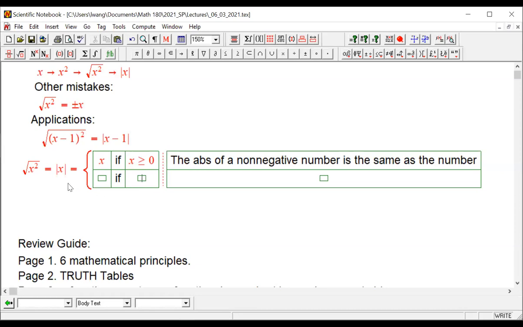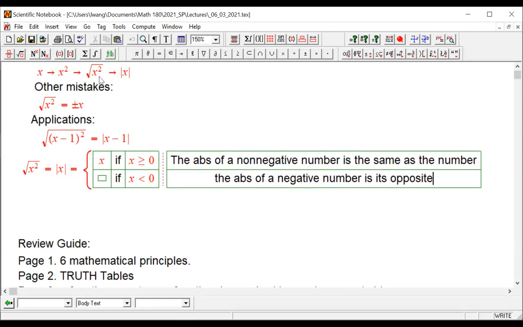And the other branch: the absolute value of a negative number is its opposite.